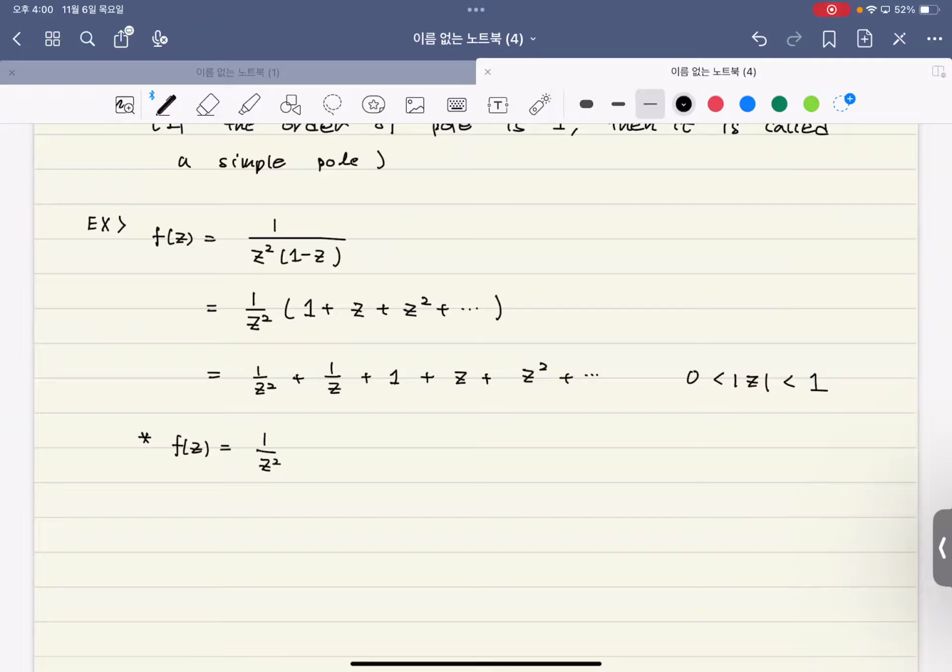I can say 1 over z squared times, with the minus 1 over z minus 1.